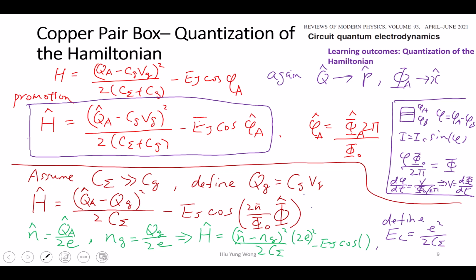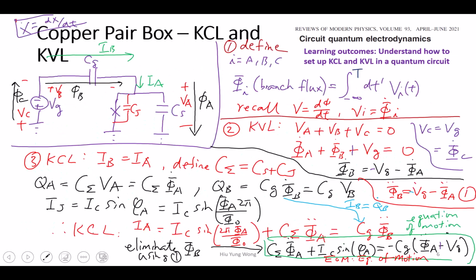QA is the charge across this capacitor, right? Because QA is equal to C sum times VA. When I have VA which is positive, then QA is positive, right? Basically, it's talking about how many positive charges are at this place. And similarly, what is QG?